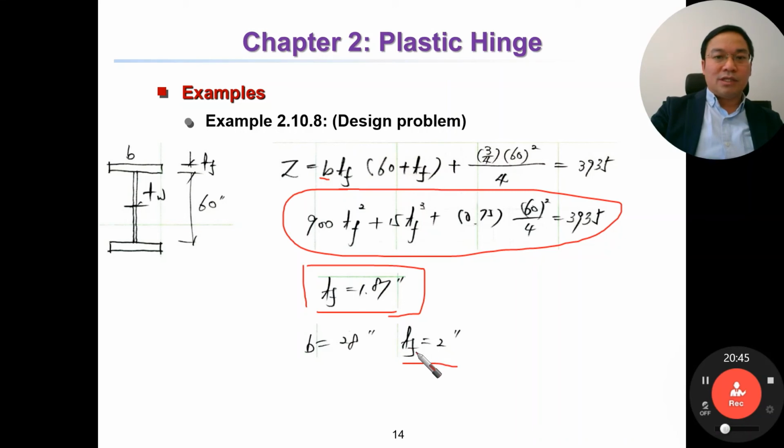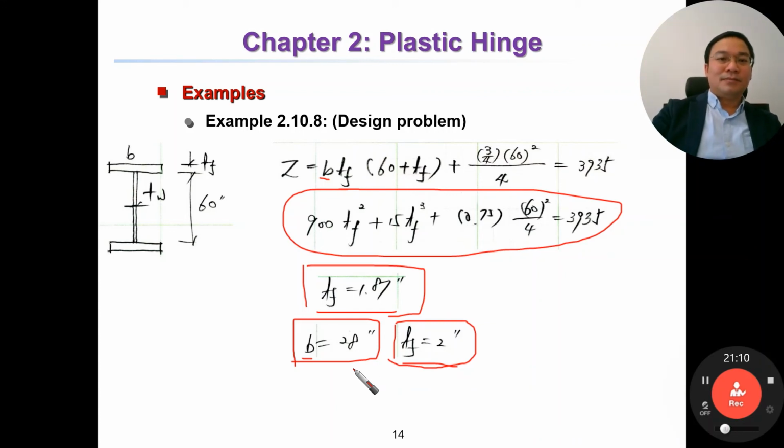Then with TF equal to 2 inch, B may be equal to 28. So it is noted that you can assume your value of the ratio between B and TF, as long as it is a compact section.